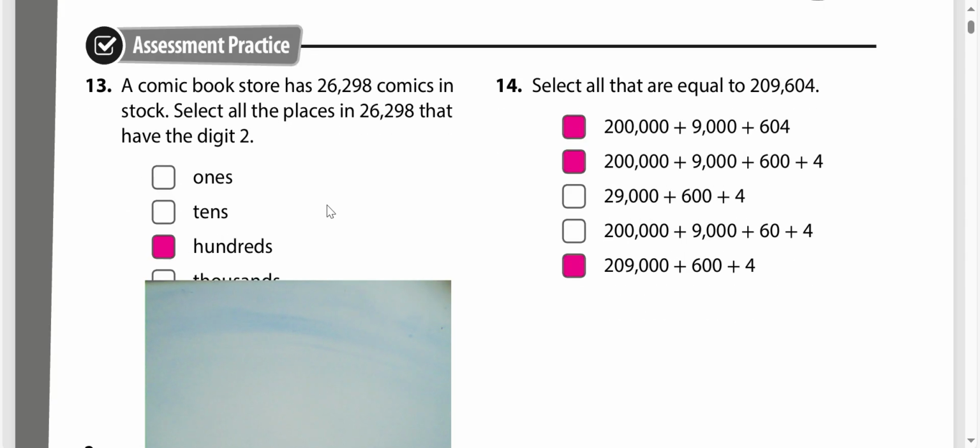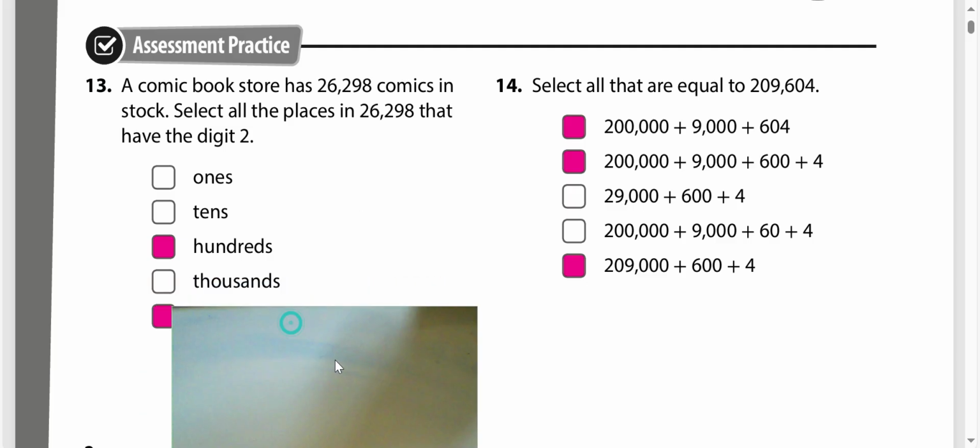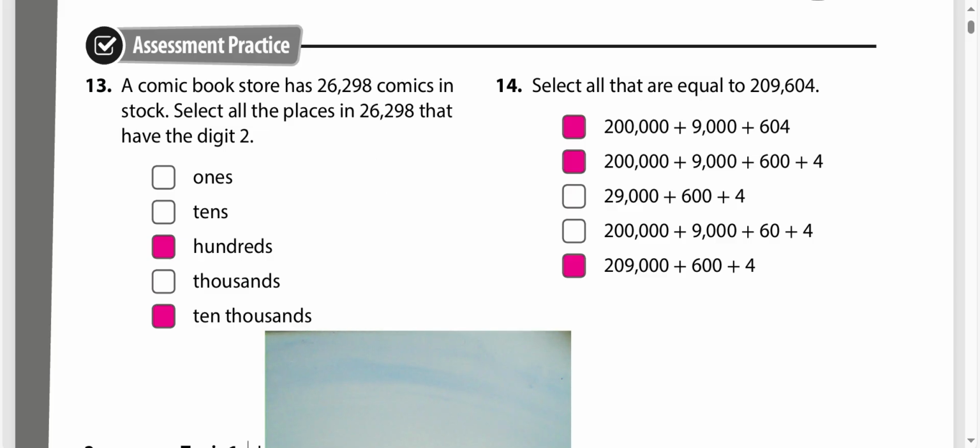Assessment, question number 13. A comic book store has 26,298 comics in stock. Select all the places that have the digit 2. Here, where does it lie? The first lies in the hundreds place. Understood? We have the first in the hundreds place and the 10,000s place, and also here hundreds and 10,000s.